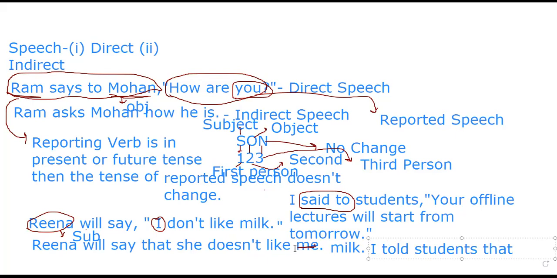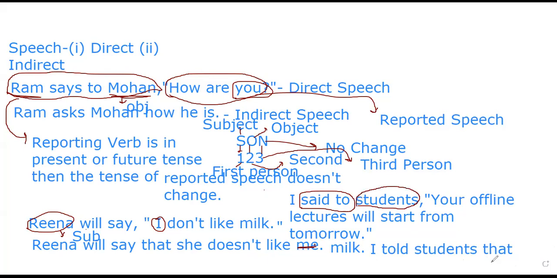Okay, so I told students that your, you is second person, correct? Second person changes according to the object, and the object is students. Now students are a combination of male and female, correct? So it will be third person, correct?